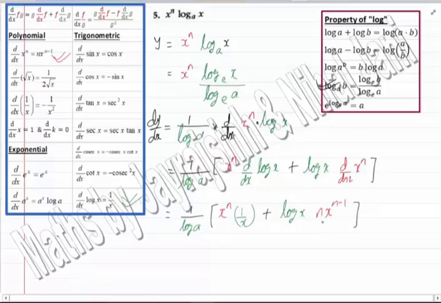So yes, we complete the differentiation. If we want to simplify more, one power of x will cancel out, so we can take x raised to n minus 1 common upon log a. Within the bracket, our first term will be 1 plus n log x. So tada! This is the final answer.